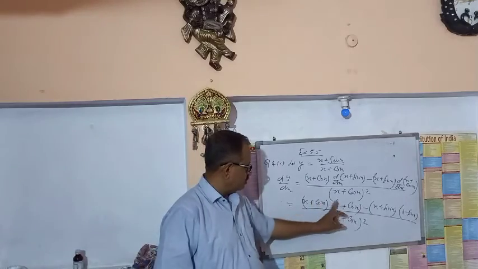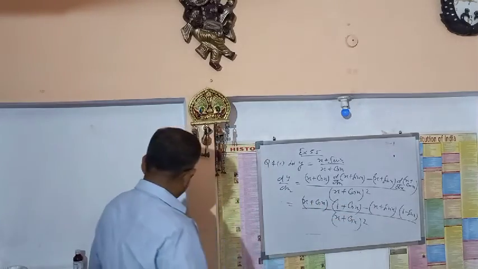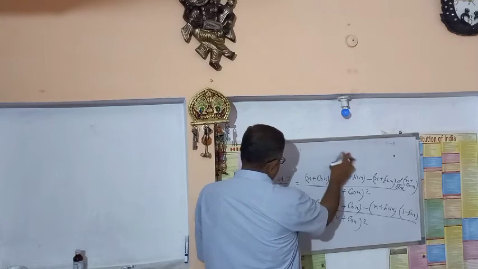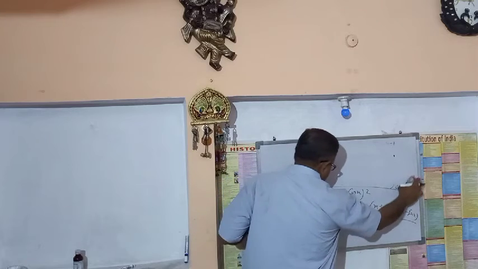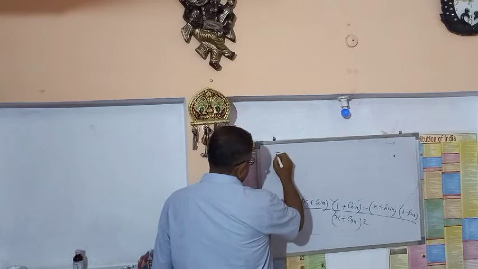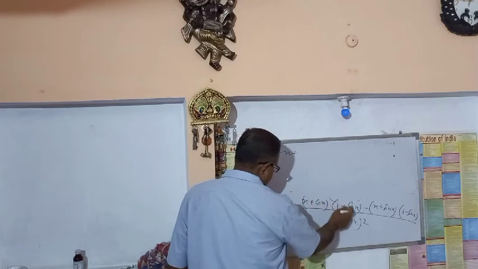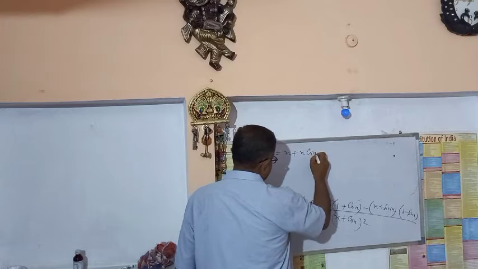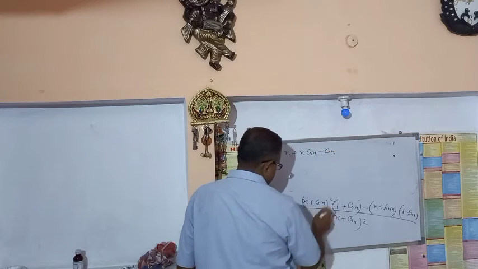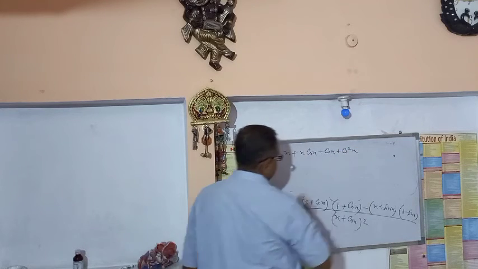We will multiply both brackets here. Multiply x into 1, x, plus x into cos x. Cos x into 1, cos x. Cos x into cos x, cos square x.